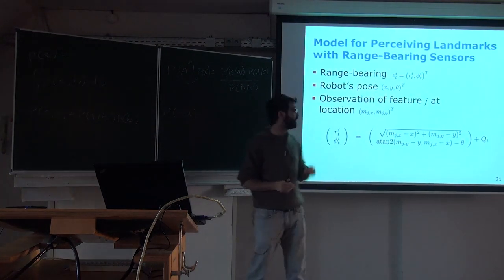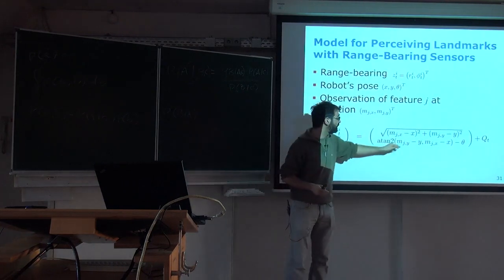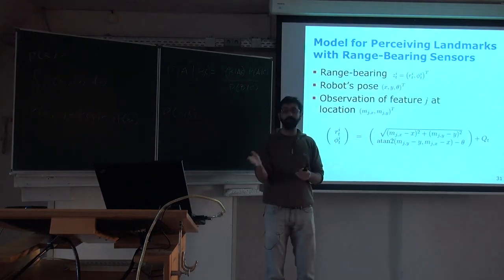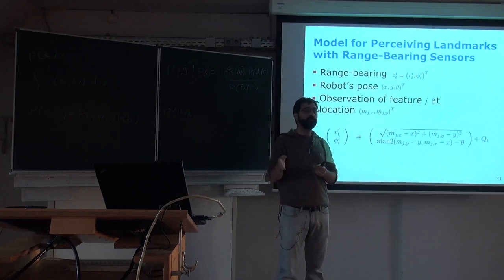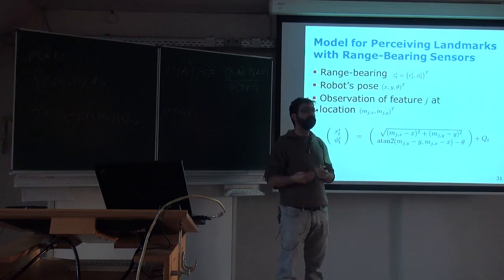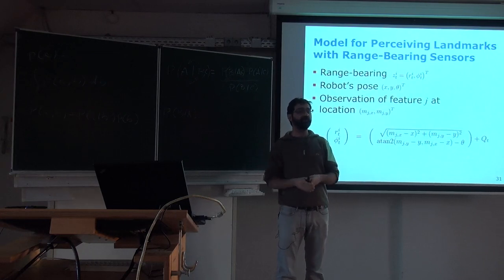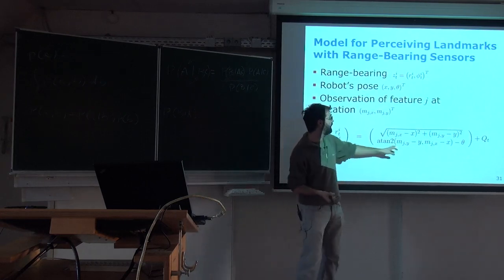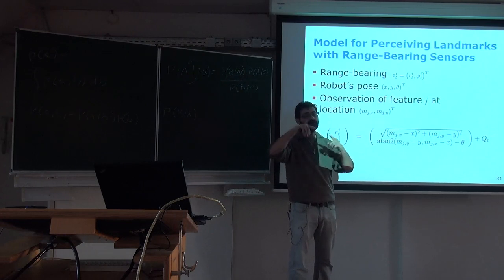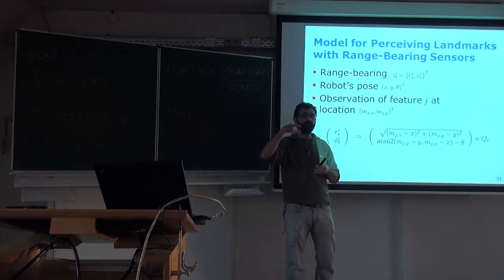For the angle, we can compute it using a bit of trigonometry. We know that y is the sine of the angle and x is the cosine, so if you put them together, y over x is the tangent of the angle.